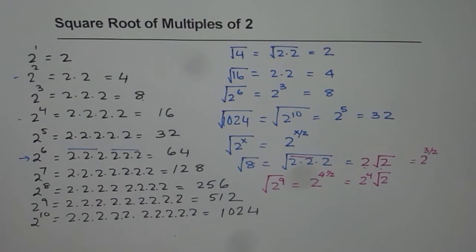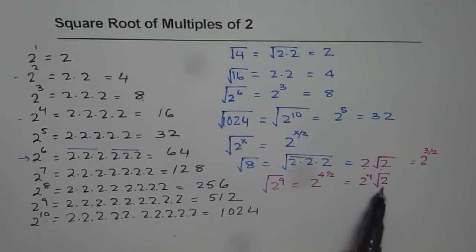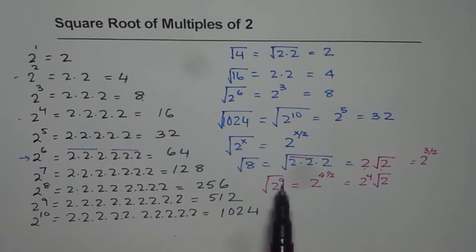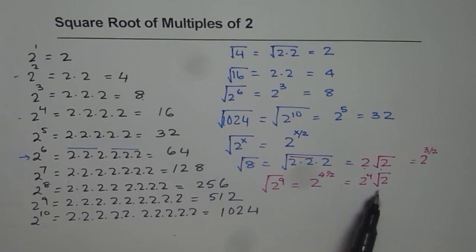That is how it should be written, right? So square root of 2 to the power of 9 is 2 to the power of 4 square root of 2. So at times, if you have odd powers, in that case you are left with a square root or a radical sign. Do you see that? So that is an important thing which we learn here.